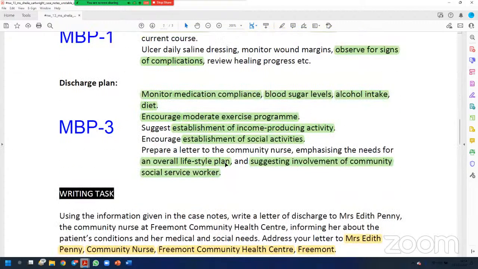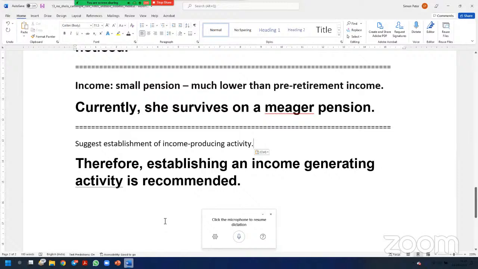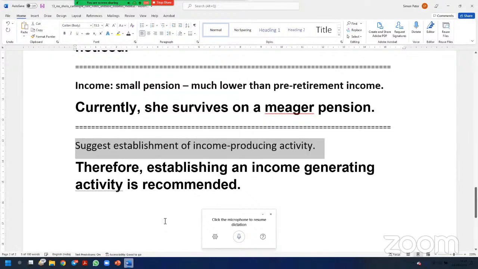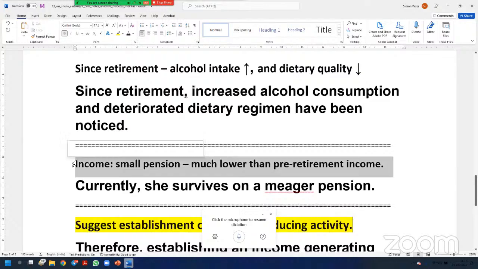I'm giving you sentences. I'm not teaching you paragraphs. I already told you how to write paragraphs. Now I'm telling you these things. So I gave you a sentence for this one: suggest establishment of income producing activity. So this is the case notes.